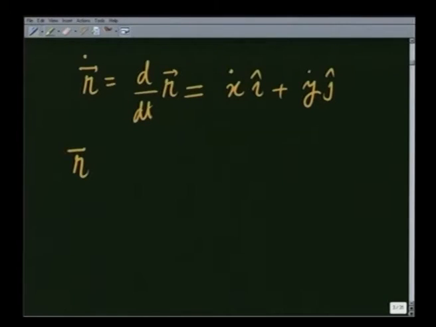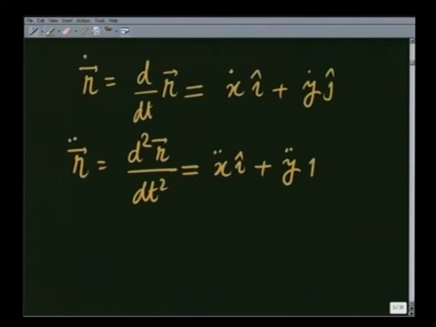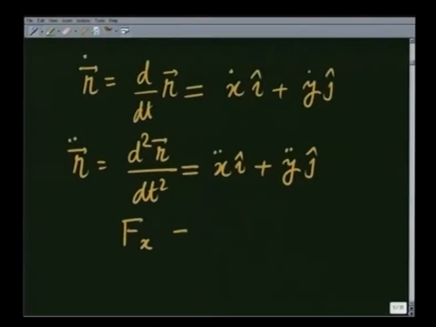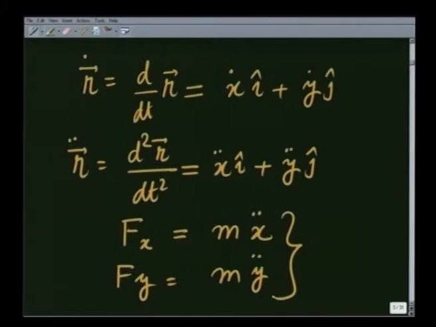Similarly, the acceleration r double dot is given as d2 r over dt square, which is equal to x double dot i plus y double dot j, and Newton's second law then takes the form that I equate the components along each direction with the respective forces. So, that F x becomes equal to m x double dot, F y becomes equal to m y double dot, and I can integrate these two equations of motion to get how x and y change with time.